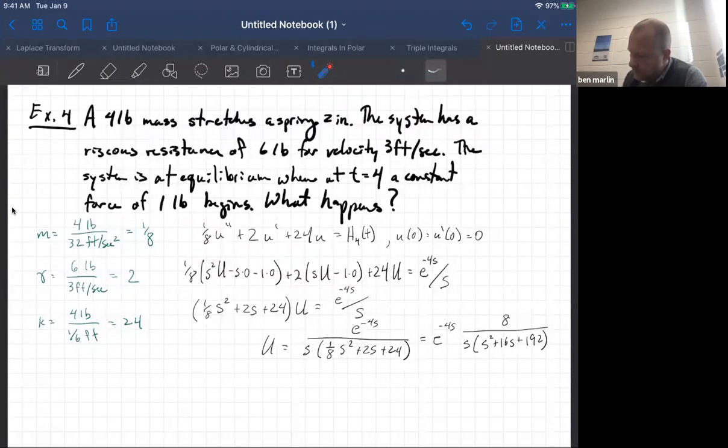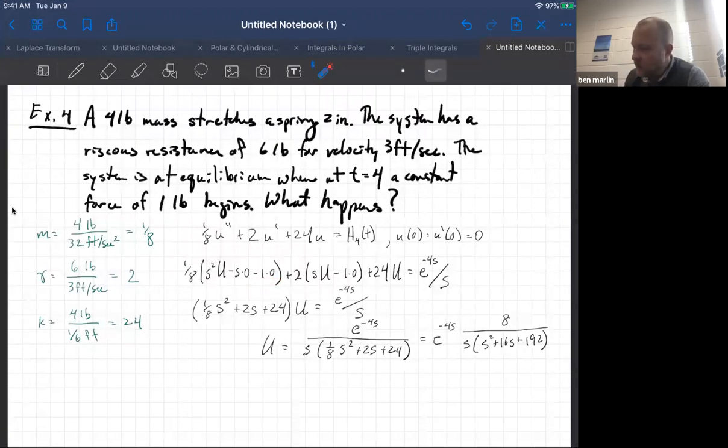Yeah. All right, so the 1/8 u double prime, the Laplace transform of u double prime, I've looked up in a table, is going to be s squared times the u, and then minus s times u of 0, and then minus 1 times the u prime of 0, okay?